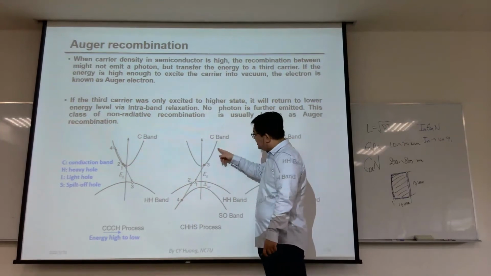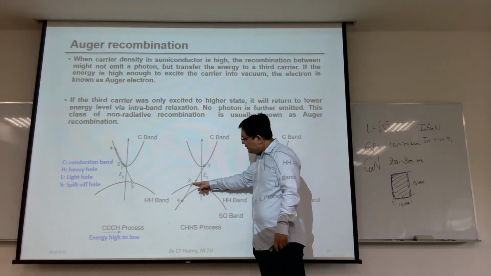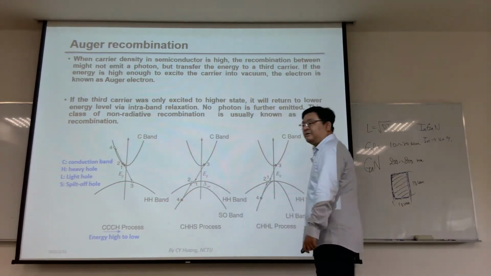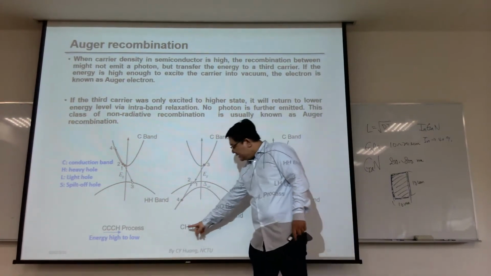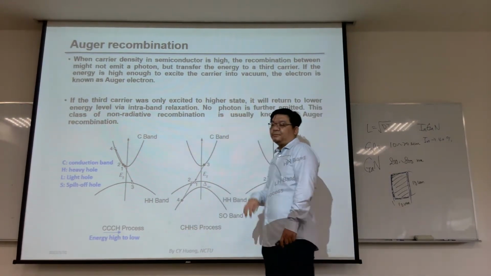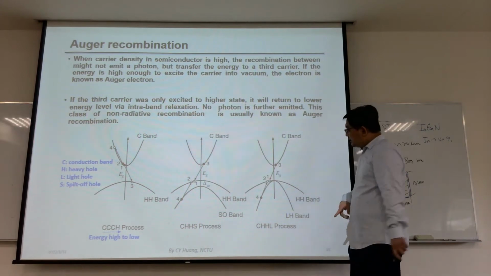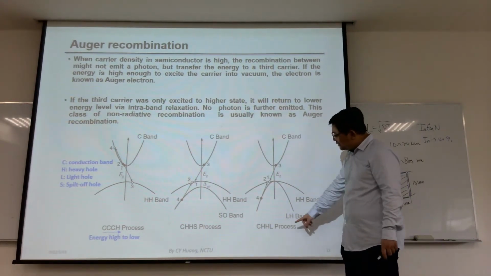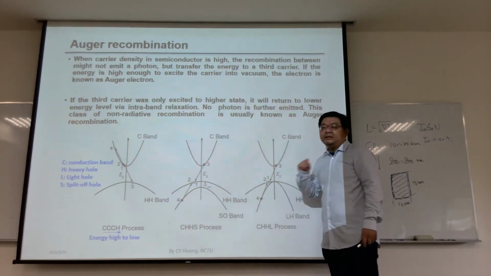So it is conduction band, heavy hole, split-off hole. From high to low, so it is the CHHS process. Similarly, CHHL, where L is the light hole band.